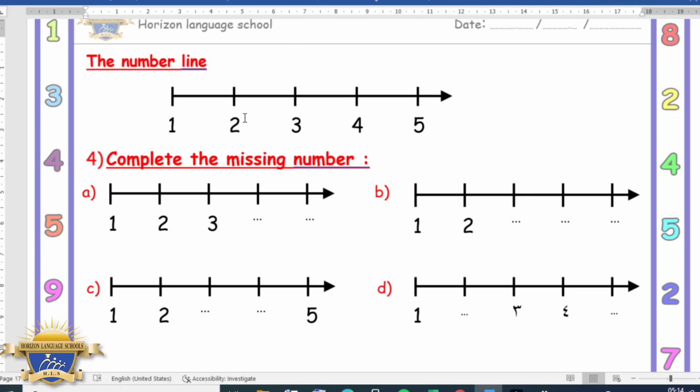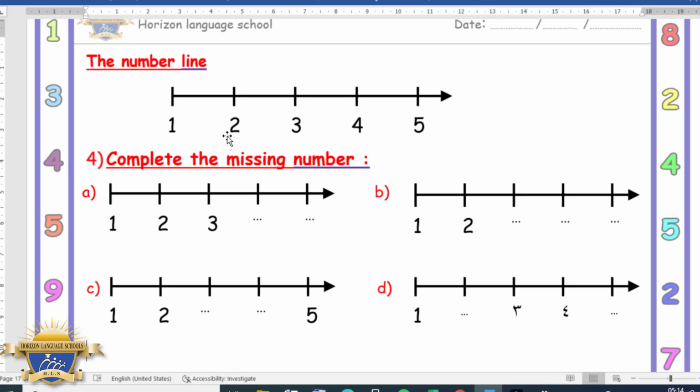So I can say with just looking that 2 is smaller than 3, and I can say that 4 is greater than 3 by just looking, because 2 is before 3 and the 4 is after 3.